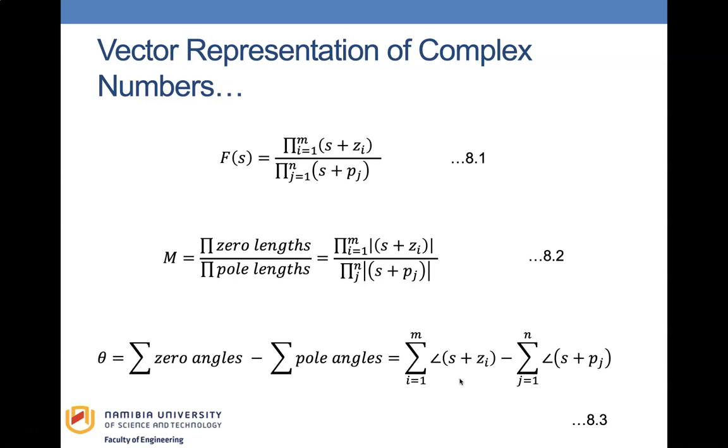Similarly, an angle subtended by a pole is measured from the positive extension of the real axis of a vector drawn from the pole of F of s at minus p subscript j to the point s. We will now use an example to demonstrate this concept.